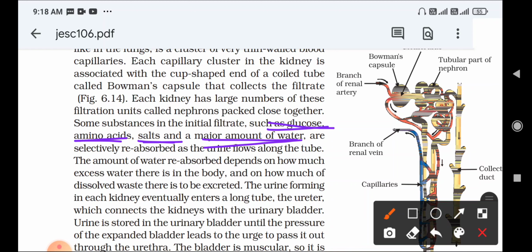Remember that: glucose, amino acids, salts and water are absorbed from the urine.